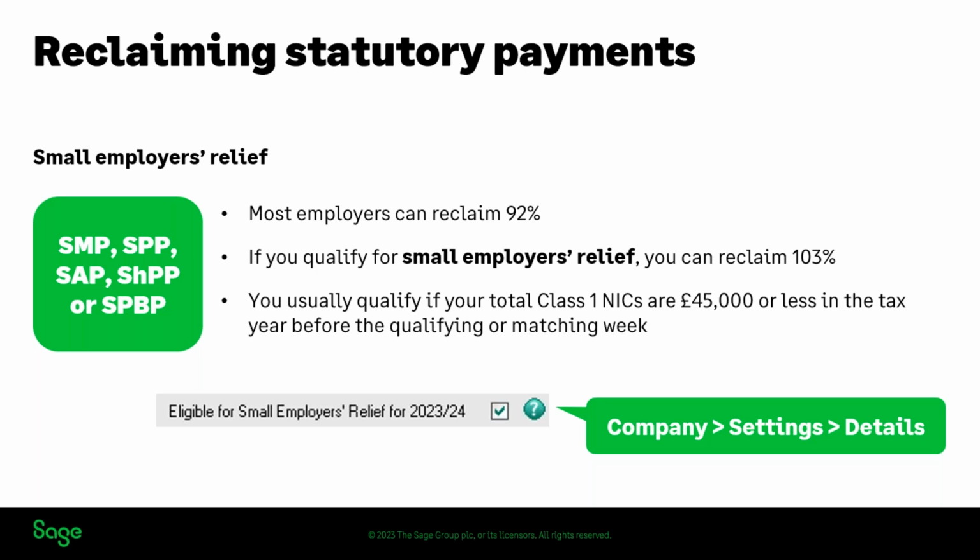If you get small employers relief, you get 103% of the statutory parental payments back. If not, you get the standard reclaim percentage of 92%. So it's worth checking if you're processing any parental payment whether or not you qualify for this relief. And if you do, there's a checkbox in the company settings that you will need to select.